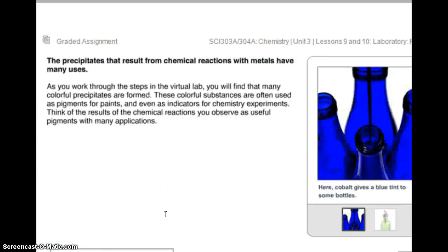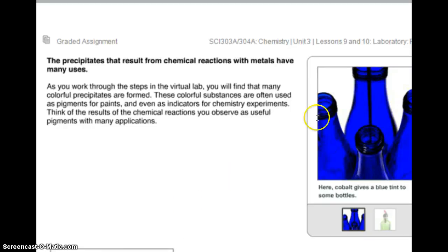The precipitates that result from chemical reactions with metals have many uses. As you work through the steps in the virtual lab, you will find that many colorful precipitates are formed. These colorful substances are often used as pigments for paints and even as indicators for chemistry experiments. Think of the results of the chemical reactions you observe as useful pigments with many applications.